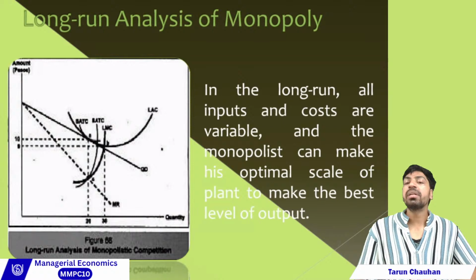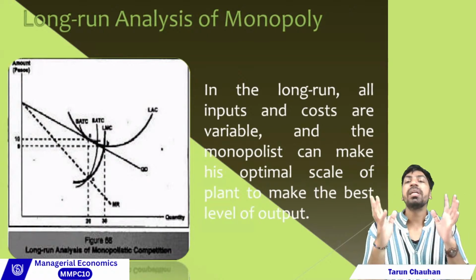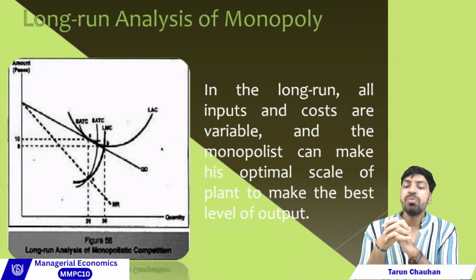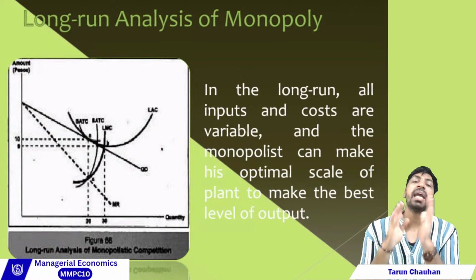So in the long run, all the inputs and costs definitely get changed, but the single monopolist can set up an optimum scale or an optimum plan to make the best possible use or to produce the best possible level of output in the long run.